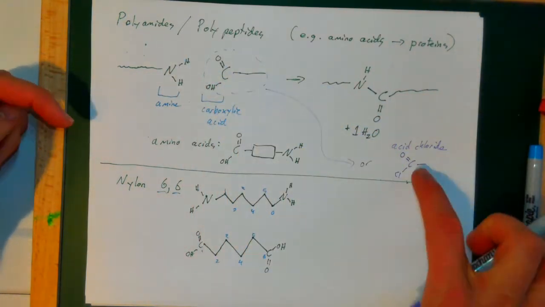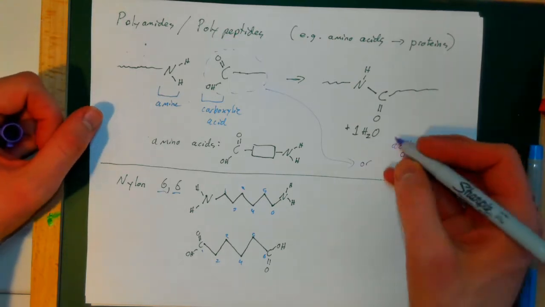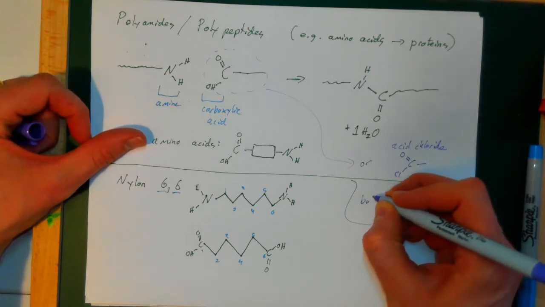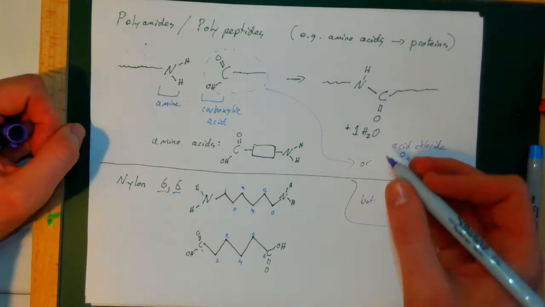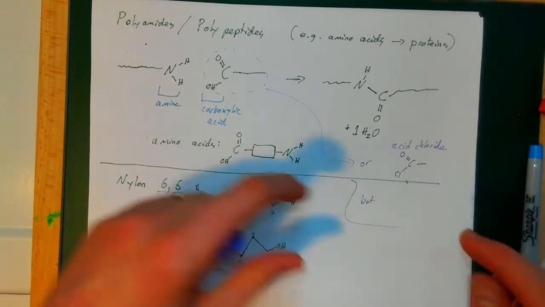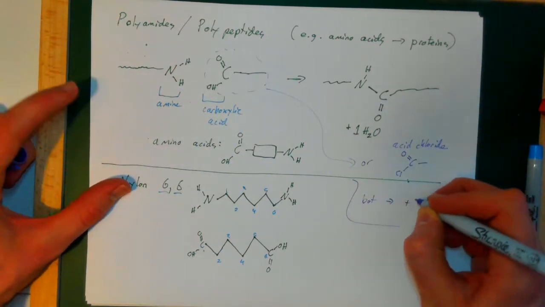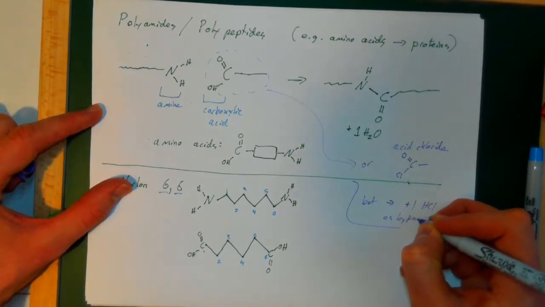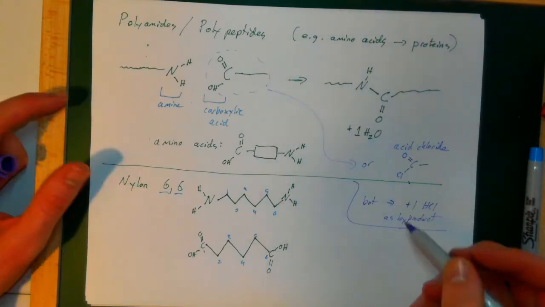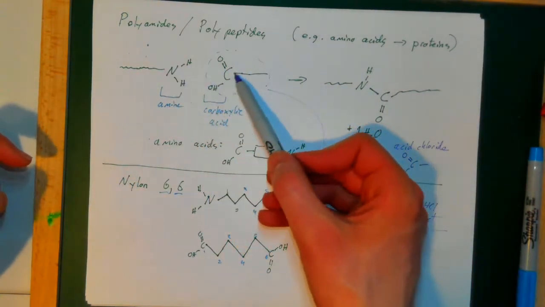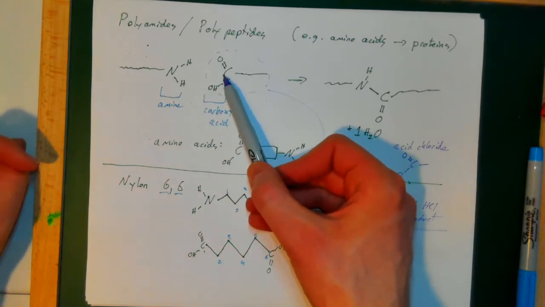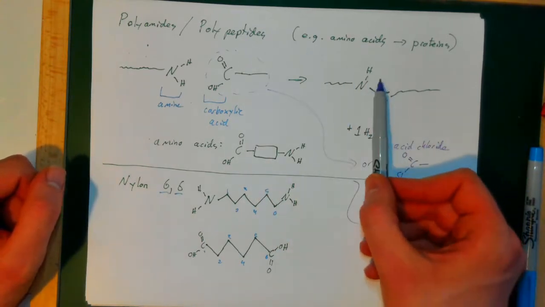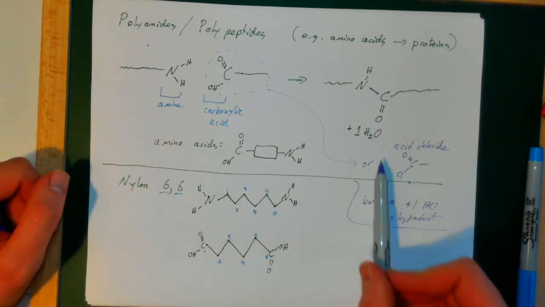Basically, when it reacts with an acid chloride, it still forms the same bond, but instead of kicking off an H2O, the H here reacts with the Cl to form HCl as the byproduct of the reaction. So you can have amine groups reacting with carboxylic acids, or you can have amines reacting with acid chlorides. Both form the same type of bond. It's just that the byproduct is different for the two.